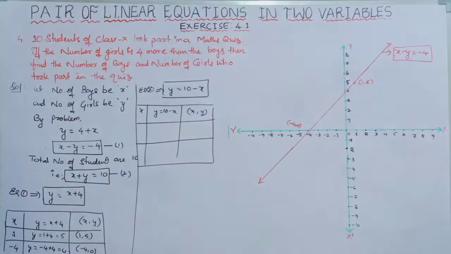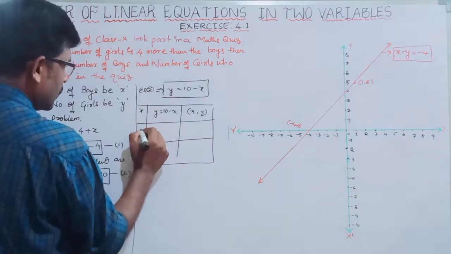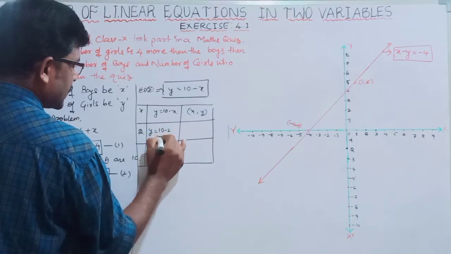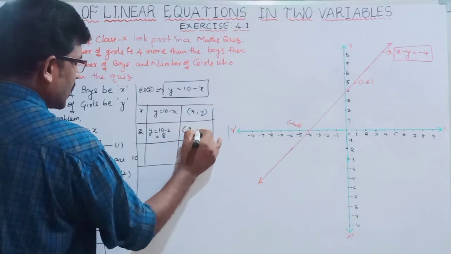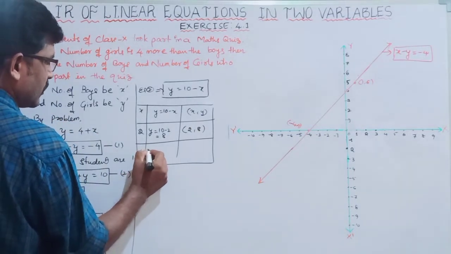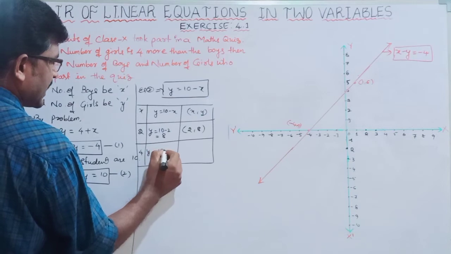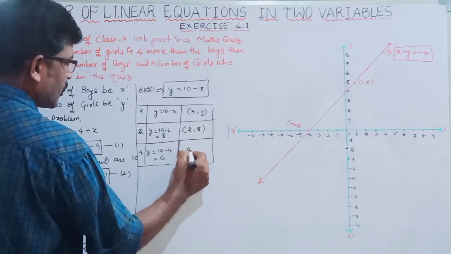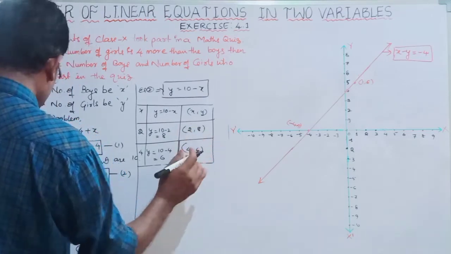If x equals 2, y equals 10 minus 2 equals 8, so 2 comma 8. If x equals 4, y equals 10 minus 4, that is 6, so 4 comma 6. These 2 points are plotted.